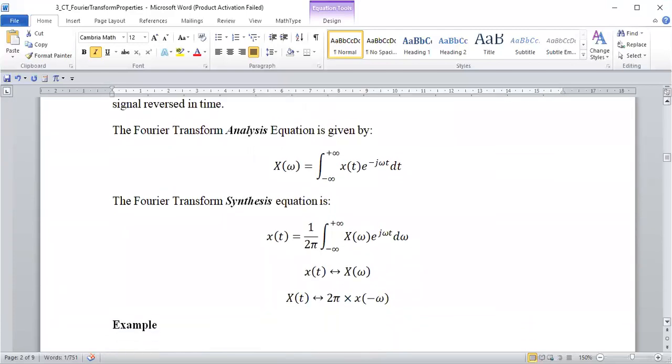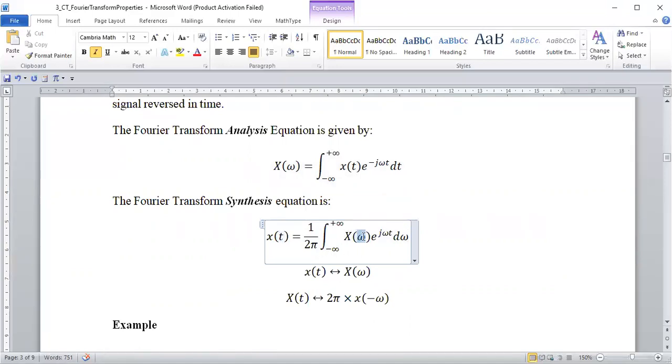The duality property stems from the fact that this is the Fourier analysis equation, where this is the Fourier synthesis equation. When you compare these two together, we can see that they are almost the same thing. The only difference is that the first equation is in terms of omega, so you have omega here, you have omega here. But the second one is in terms of time, so you have t here and t here.